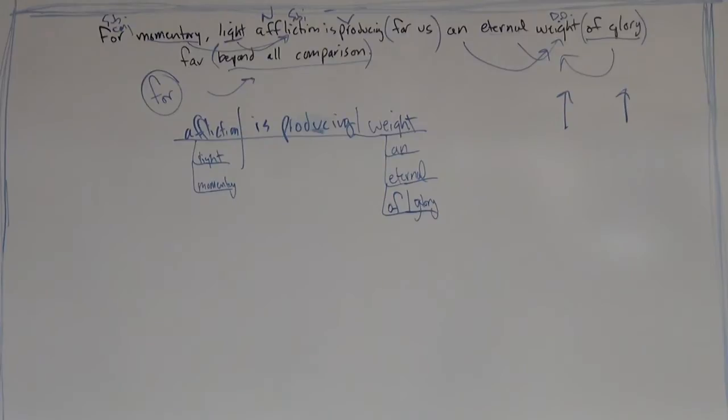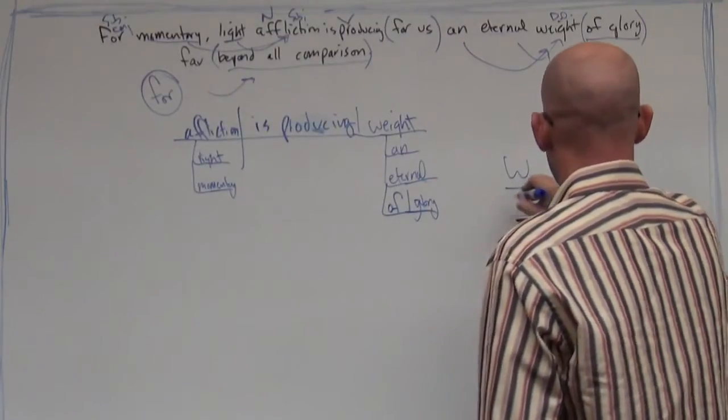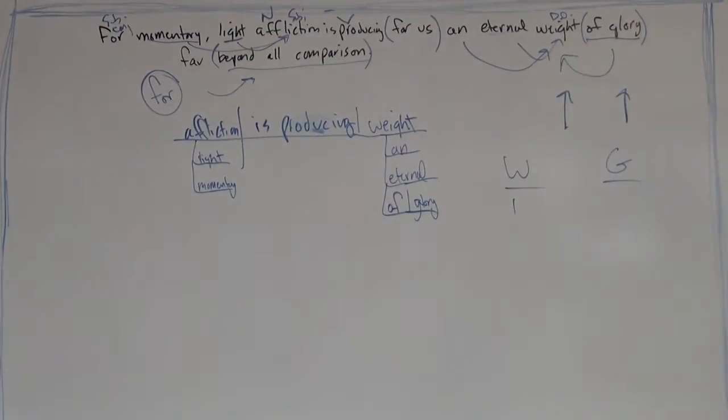Okay. Let's do this. Weight, glory, weight gets one. What's that? Okay, we're taking a vote. I say glory. Okay, we get a glory. Yeah, I think it could be just in context.